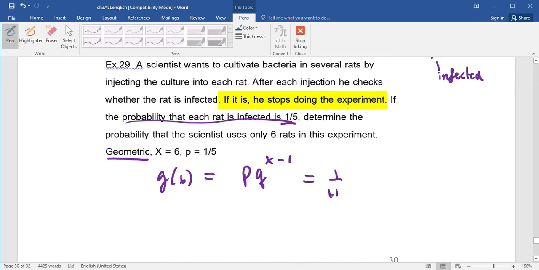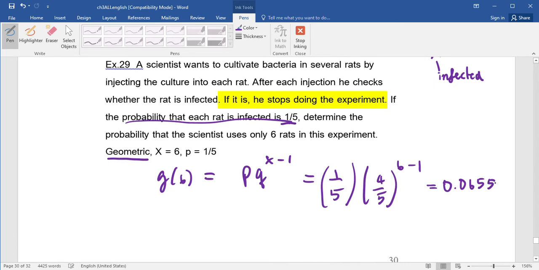P is 1/5 and Q is 1 minus P. X minus 1, right? That is 0.0655. All right, about 6%. There's a 6% chance that the scientist uses 6 rats in this experiment.